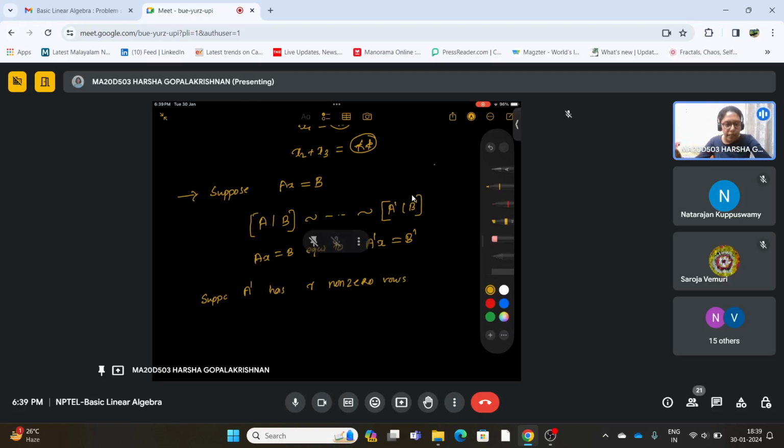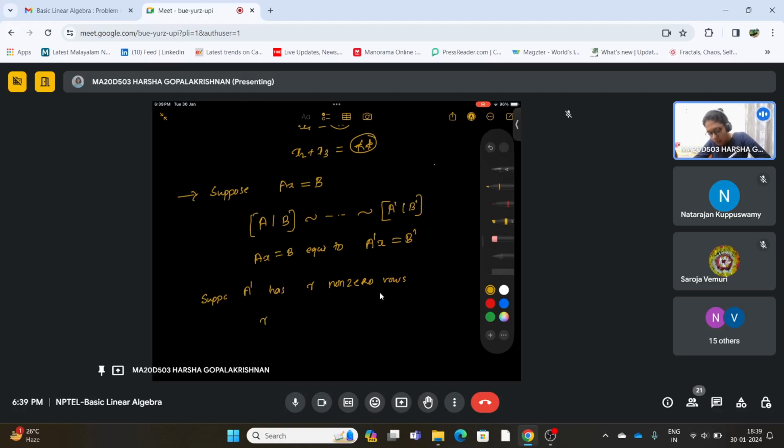So we have the matrix A dash B dash here. If we take just A dash here, and this A dash has R non-zero rows, this A dash is also in row echelon form. Suppose it has R non-zero rows.